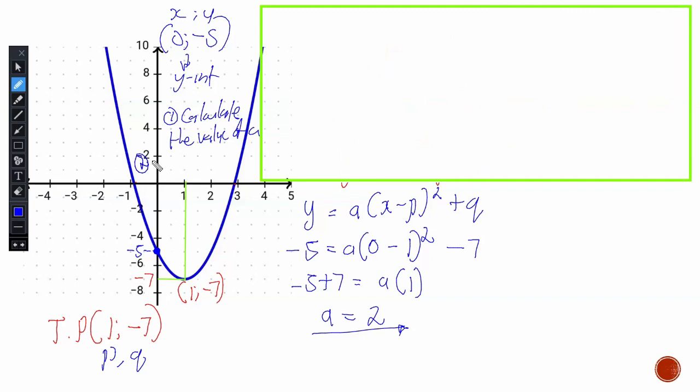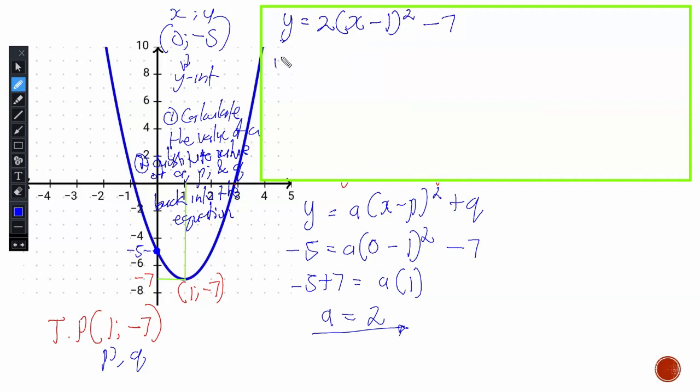Number 2 is you're going to substitute the value of a, p, and q back into the equation. Which equation? That turning point equation. So we have y equals, what's your a value? It's 2. And now you are no longer substituting for y and x. So this is (x minus 1) squared, and then minus 7.